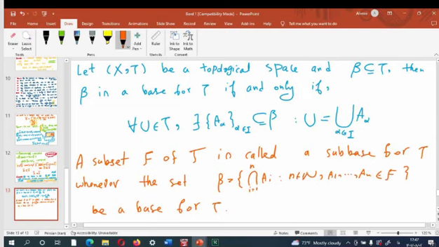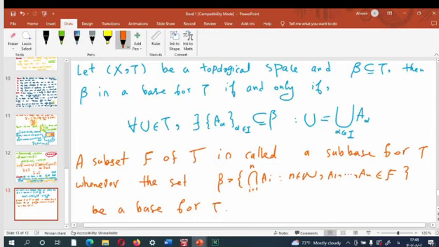A subbase such as F is a subset of tau such that if we construct all finite intersections of elements in F, then this set is a base, or any element of tau can be written as a union of these elements.